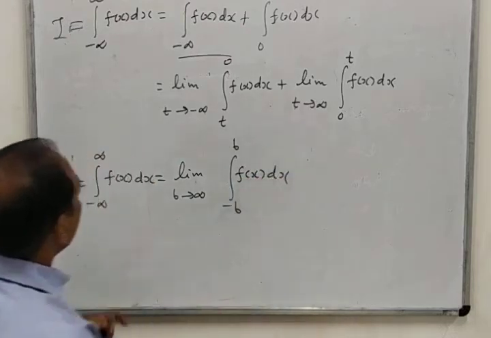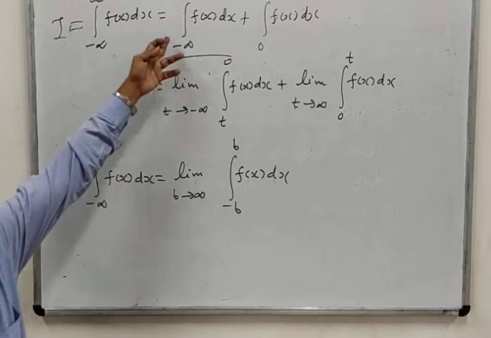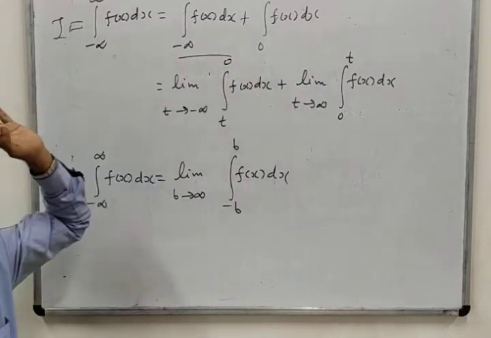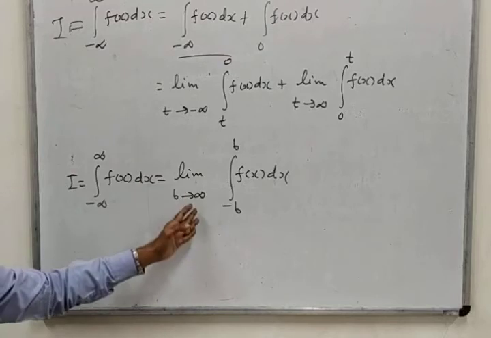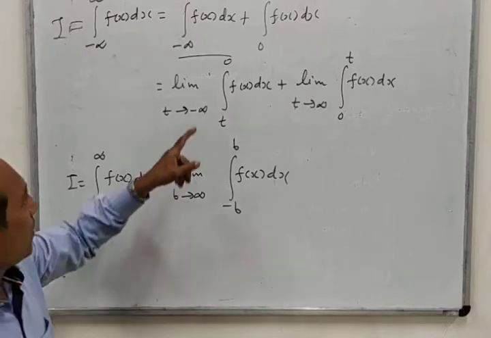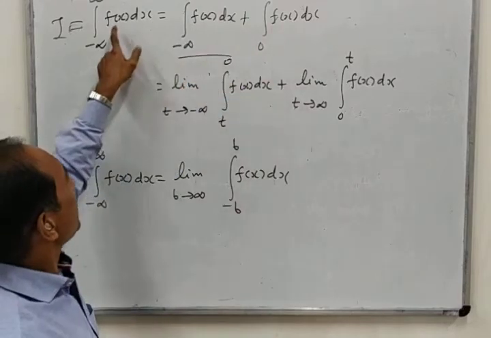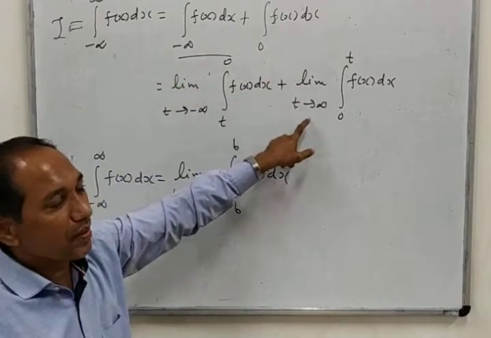So you may be thinking that both are looking the same, so why are we subdividing this, and why are we not using the single step? Yes, there is a big attention over here, because this is the proper way and the real way of checking whether this is convergent or divergent.